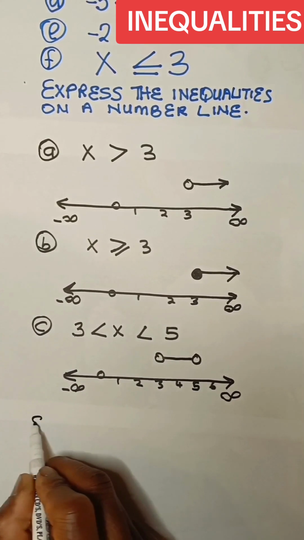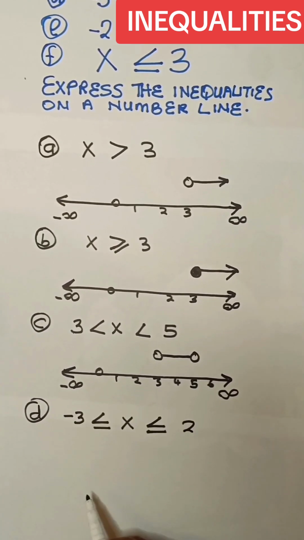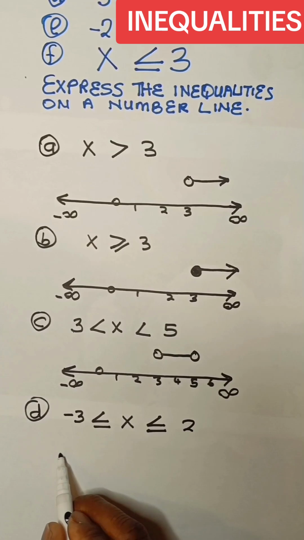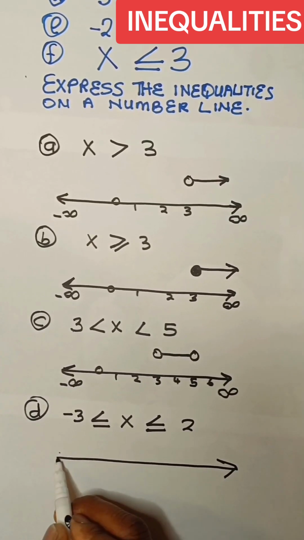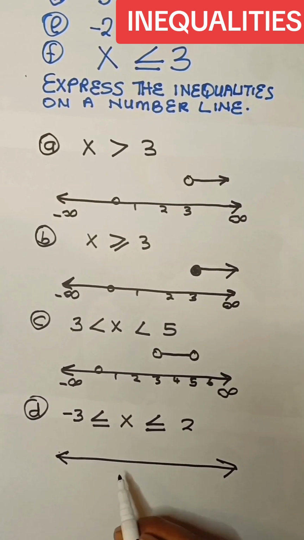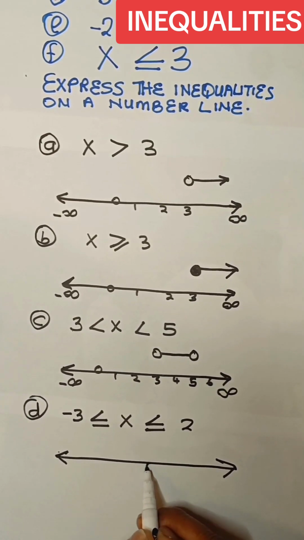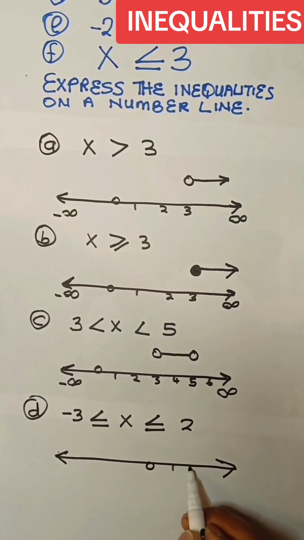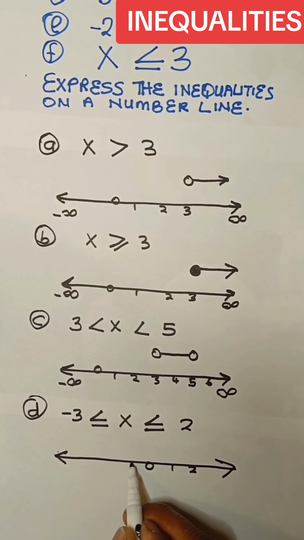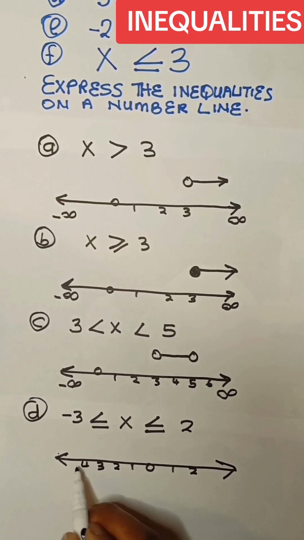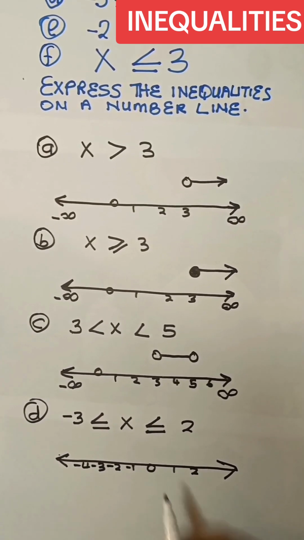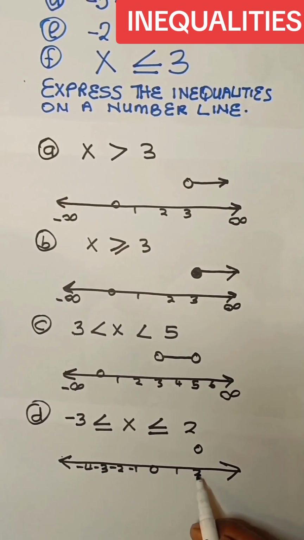So we go to D. Okay, so we draw a number line again. So let's say this is our 0, this is 1, and this is 2. This is 1, 2, 3, 4, negative. Okay, we know that this is our 2.